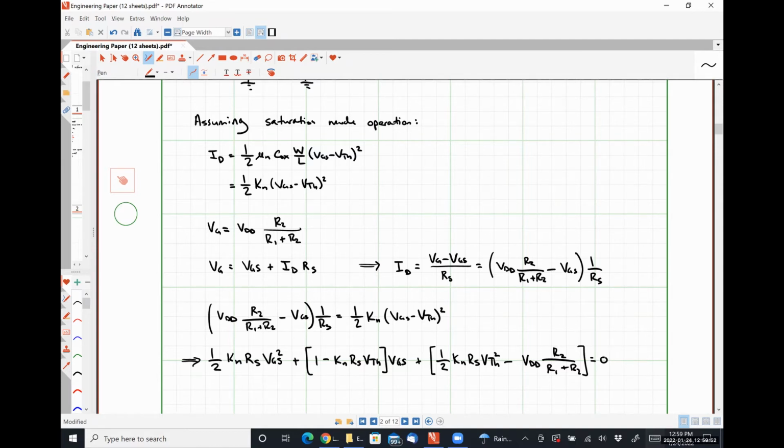This is a second order polynomial of VGS. It's a quadratic function. It has some nasty looking coefficients for sure, but it's a quadratic function, okay?